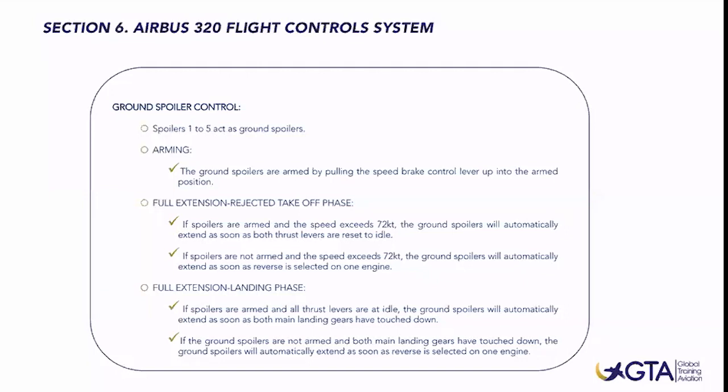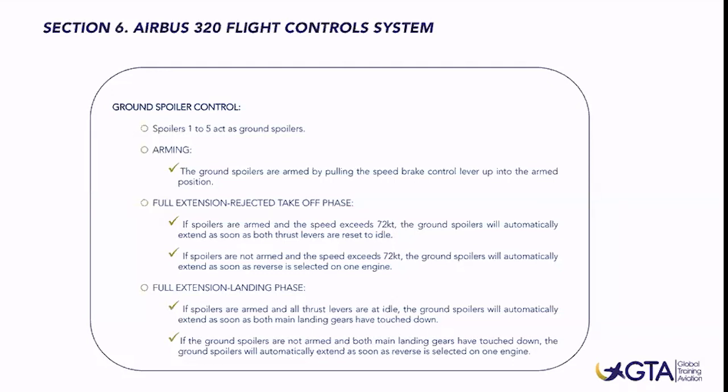The answer is yes, we can, but the difference is that, in case of rejected takeoff, we are during the takeoff roll and we get whatever failure on the ECAM, and we are below V1 speed, and we take the decision to abandon, to stop the takeoff.